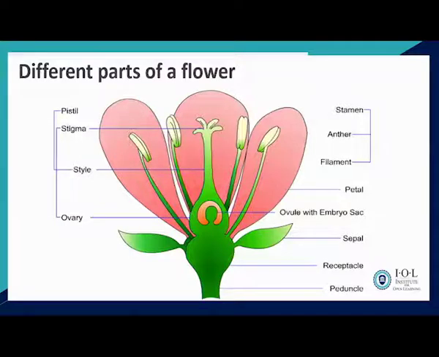But the main important parts here are the male parts and the female parts, and they are both found on the same flower: the stamen, anther, and filament, and the pistil, stigma, style, and ovary, which are the female part of the flower.